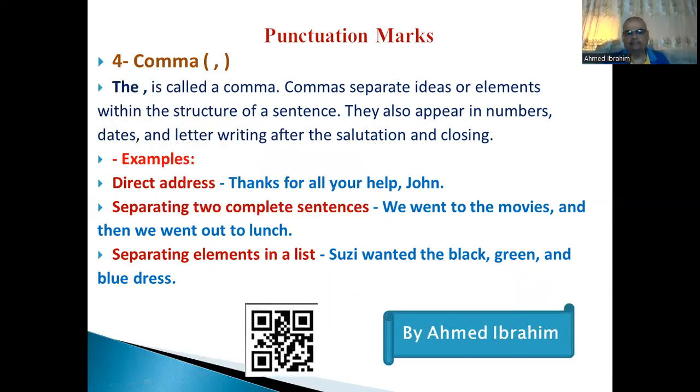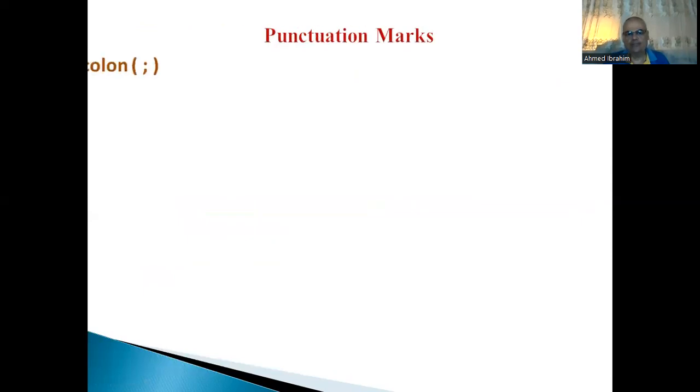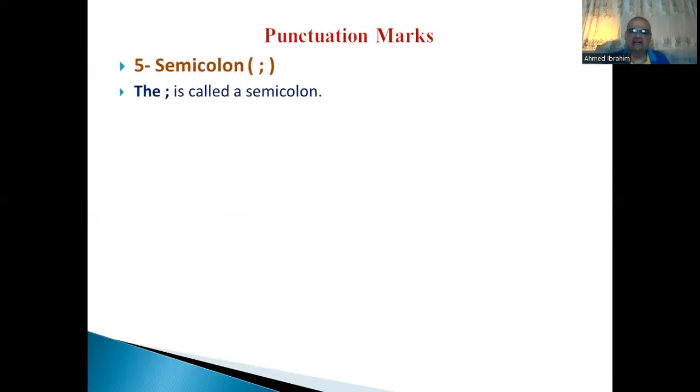5. Semicolon. Okay, the symbol is called a semicolon.